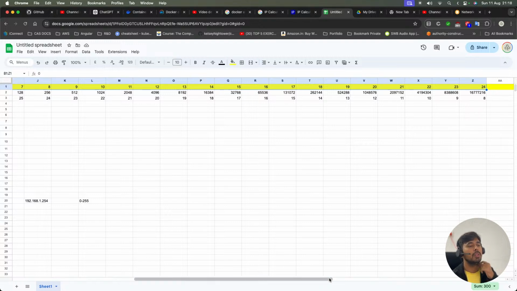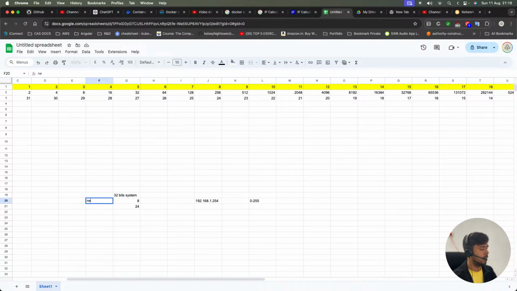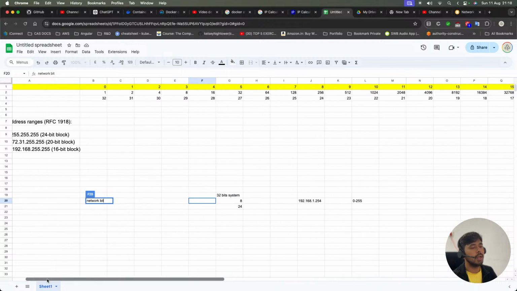That means if we just have 8 network bits, this many hosts can be added here.